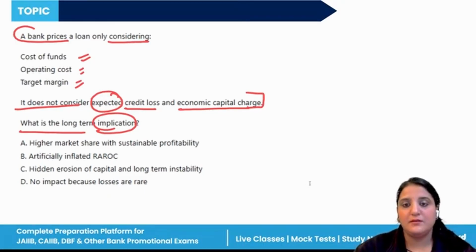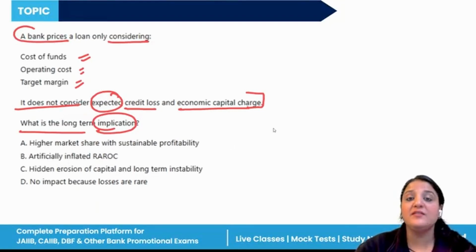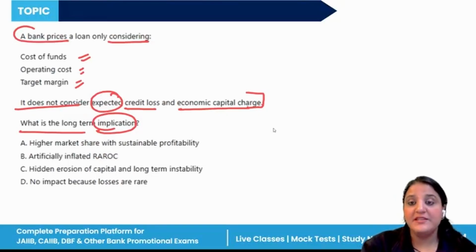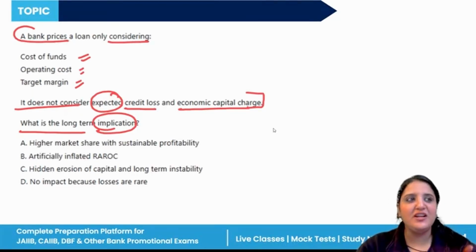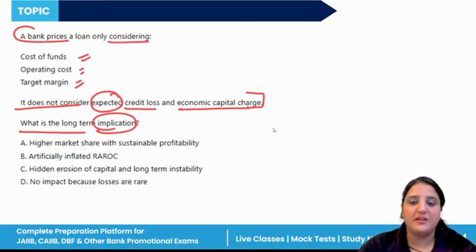See, very simple here. If expected loss is not included in pricing, then future NPAs will reduce the profit. And if economic capital is not included, risk is not properly compensated. Initially, profit may look high in that case, but with time, capital will erode and stability will weaken.